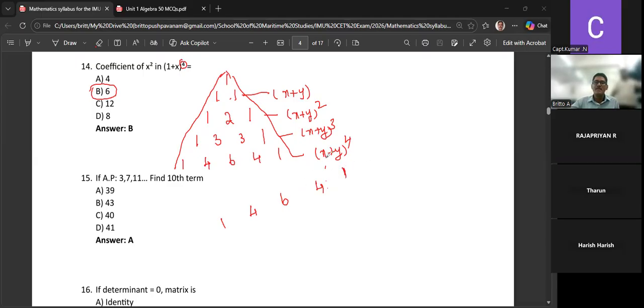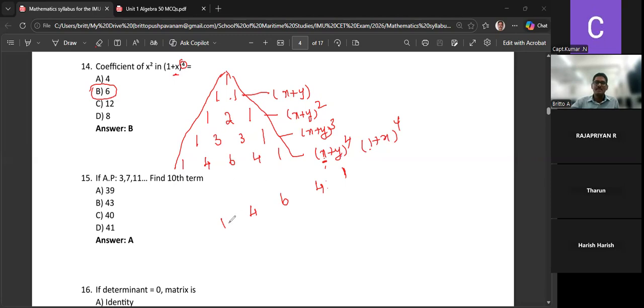Now, suppose you are finding x plus y the whole to the power 4. Here we have the function 1 plus x to the power 4, right? So in the place of x, we have 1, and in the place of y, we have x. So you put it here.